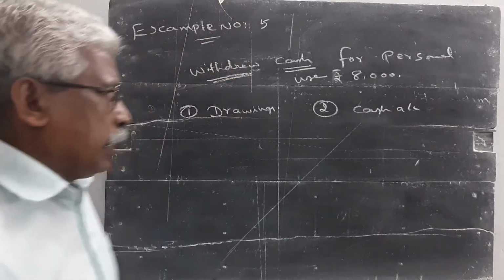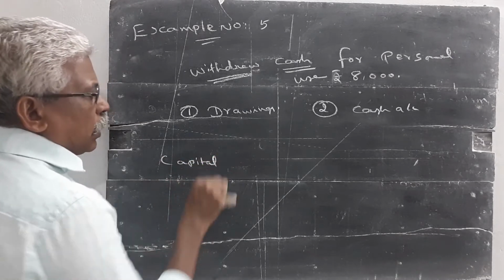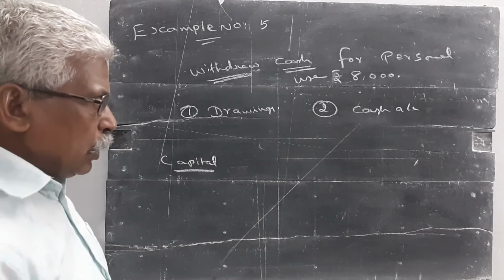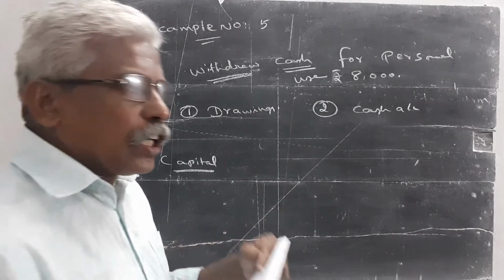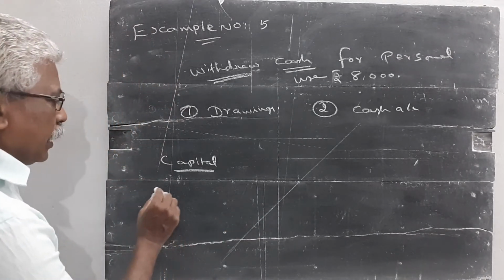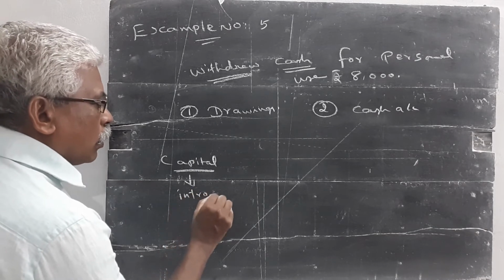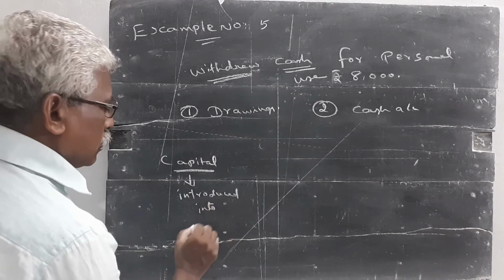Here you study one thing. What is the meaning of capital? We already studied it in the last class. Capital means any amount introduced by the proprietor into the business.